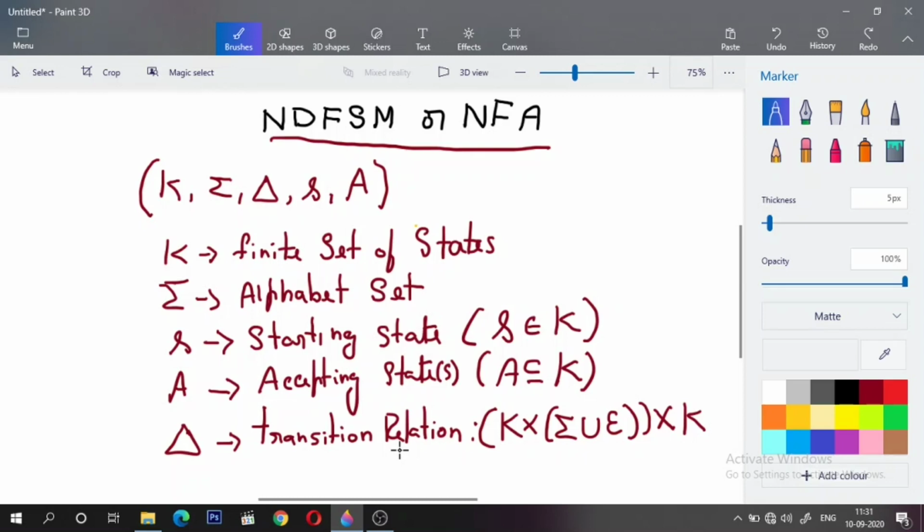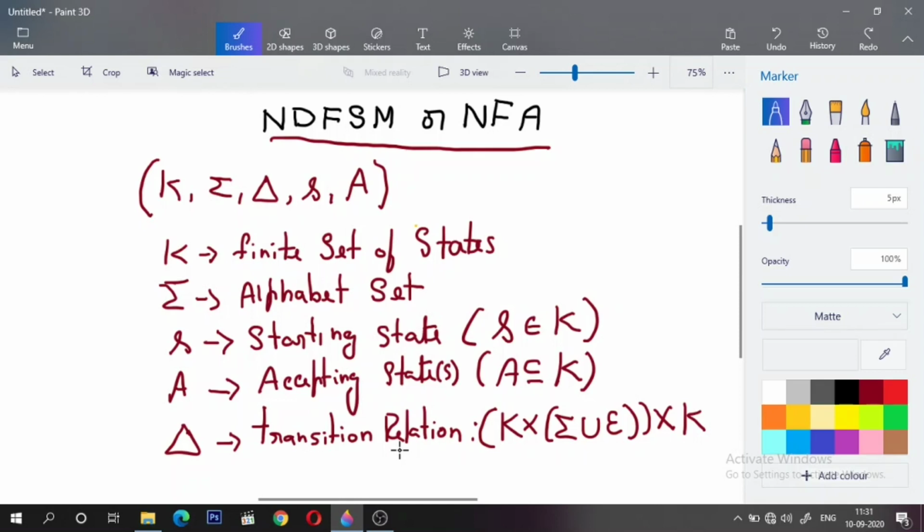It makes design easy, but it is not possible to implement an NFA. You take any practical working machine, even a real physical machine, it is always deterministic. So a non-deterministic machine does not exist. Ultimately, all the NFA that is designed needs to be converted into DFA for implementation.